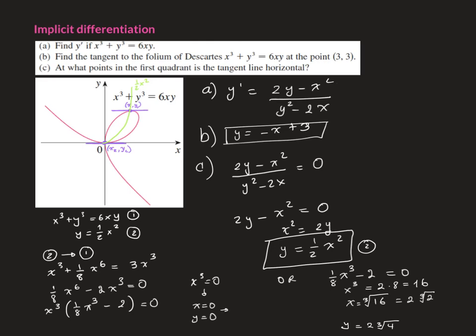The first pair is (0, 0), and the second pair is the point (2 cubic root of 2, 2 cubic root of 4). Now technically the point (0, 0) is not in the first quadrant, so our final answer would be this one.